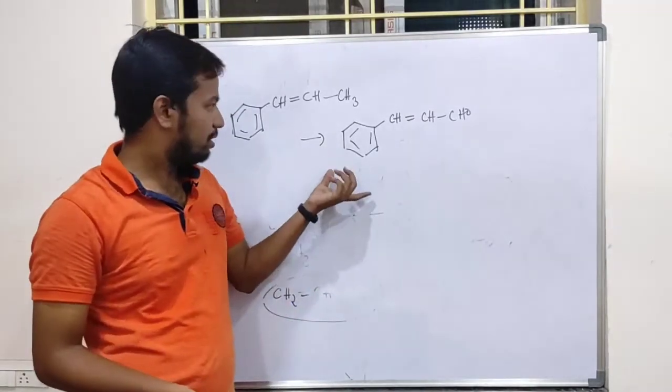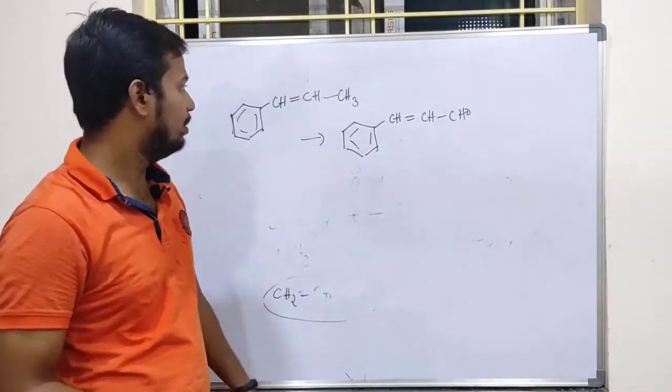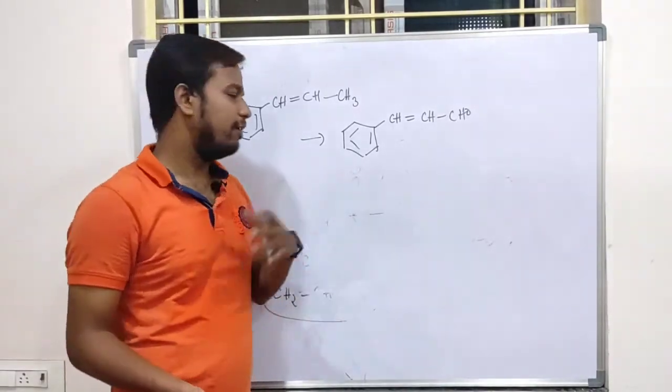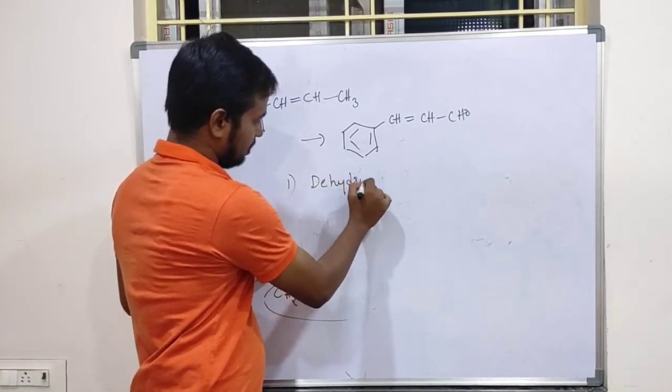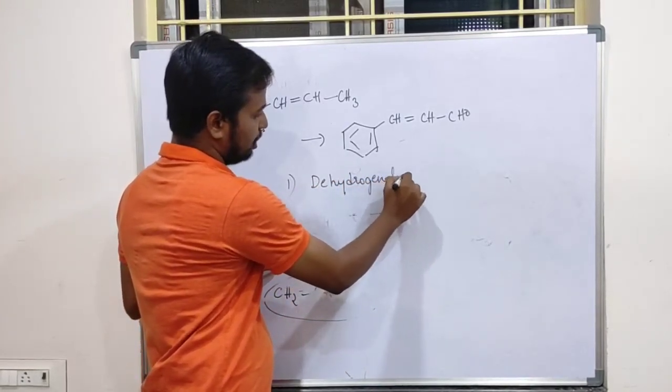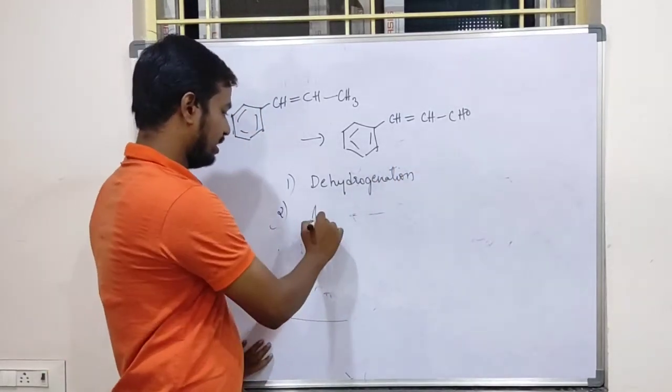This problem appeared in the year, I think, 2016 on DDQ. So they will only ask from dehydrogenation followed by deprotection, dehydrogenation followed by reduction, and as well as aromatization.